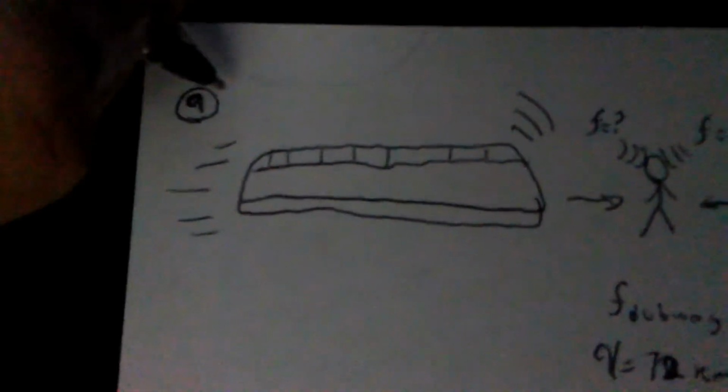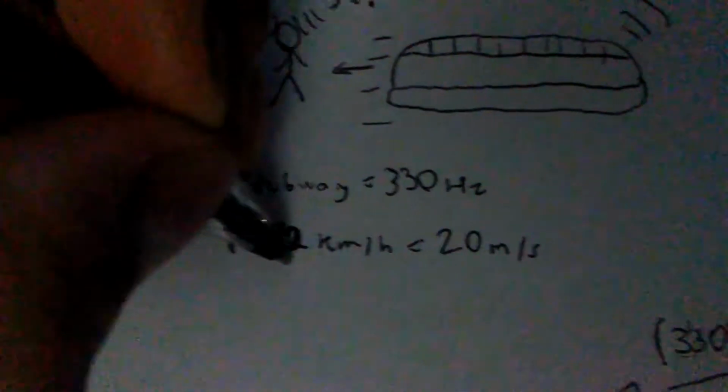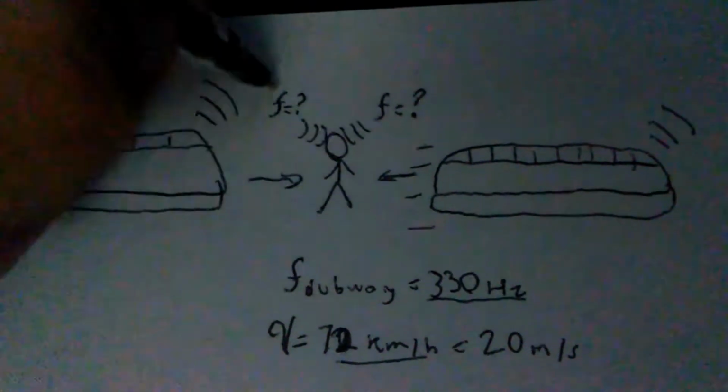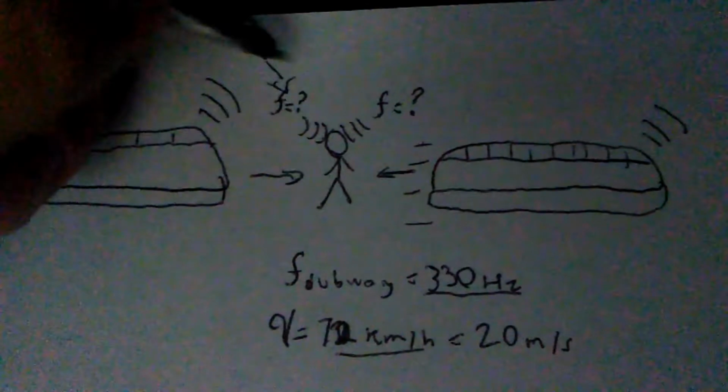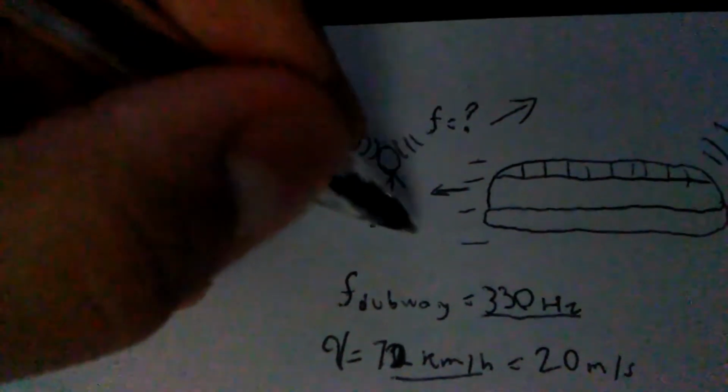The ninth and last exercise is exactly the same as the previous one, but now we're talking about a subway that has a speed of 72 km per hour, and its horn produces a frequency of 330 Hz, and it's also asking at which frequencies you would hear the subway if it was approaching you and moving away, assuming that you aren't moving.